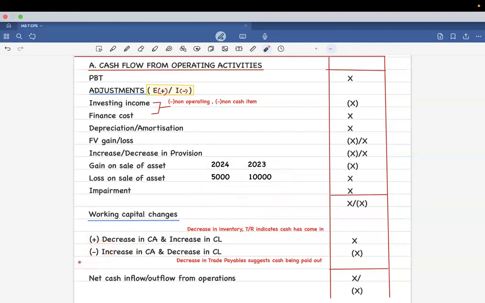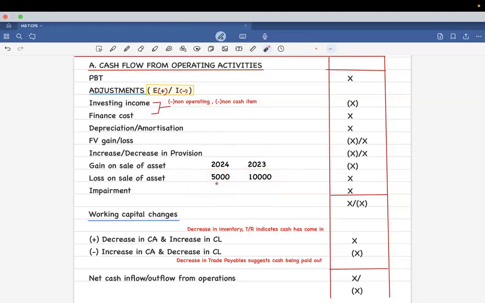Because in the minus case, you're going to take the example of trade payables. So suppose in 2023, you had 10,000. In 2024, it is 5,000. So probably you must have paid cash, right?